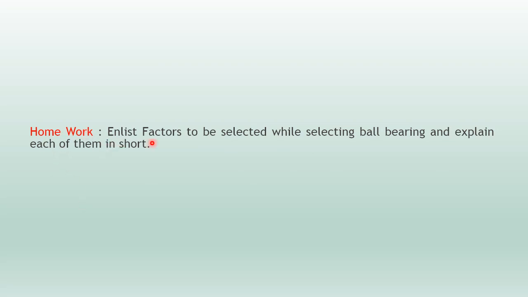You have to enlist the factors to be considered while selecting the ball bearings, and you have to explain each of them in short. Okay, so consider this here as a homework. This question might be asked for 4 marks. Okay, so keep practicing and write down this homework and upload it on your classroom.